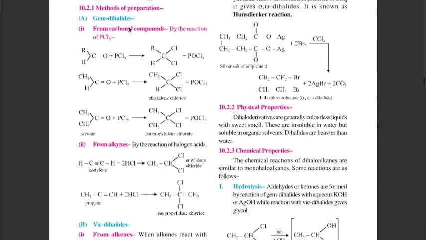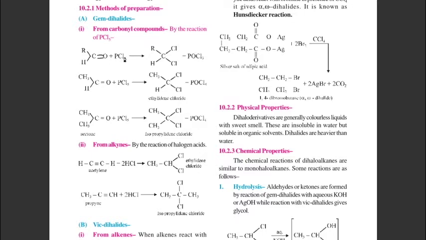Now next is methods of preparation. First we'll discuss methods of preparation of gem dihalides. First is from carbonyl compound. By the reaction of phosphorus pentachloride and carbonyl compound we can obtain gem dihalides. So when aldehyde is treated with phosphorus pentachloride, then POCl3 gets removed.